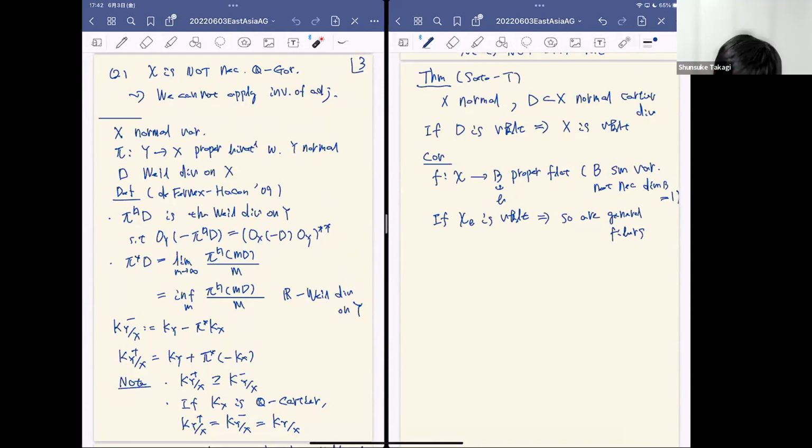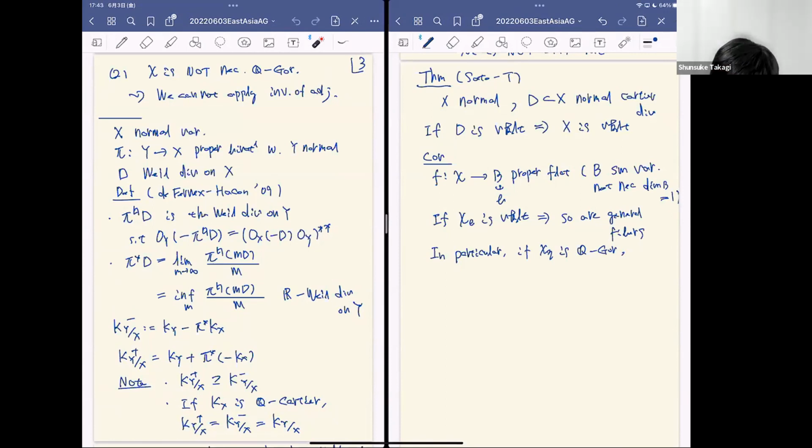So in particular, if the generic fiber is Q-Gorenstein, under this assumption, variable KLT becomes usual KLT.